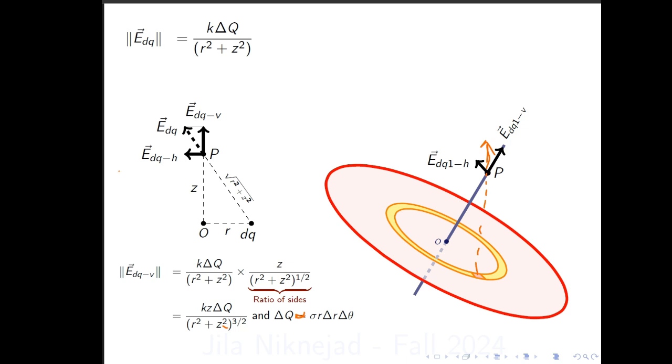So you might ask, what happens to the horizontal component of E dq?